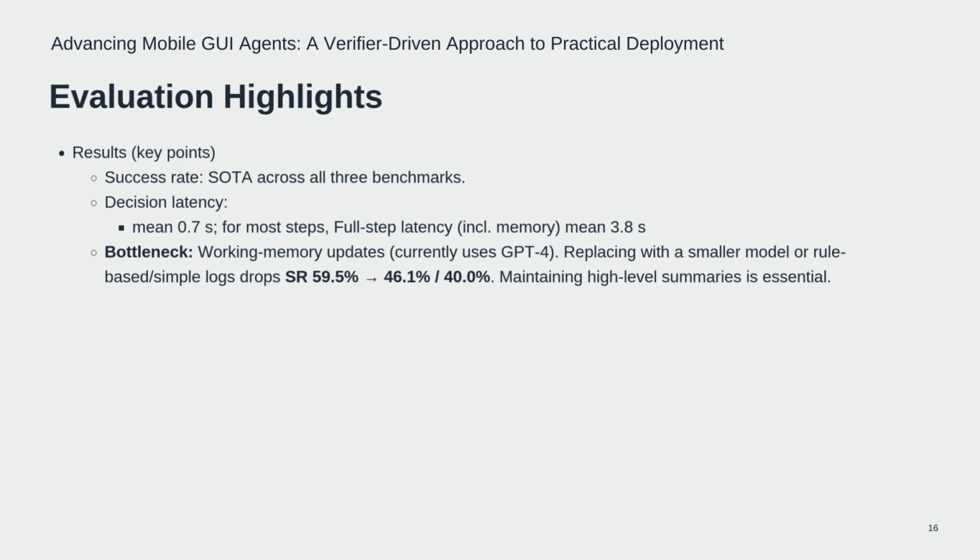This tells us that while we want to remove GPT-4 for speed, we need to replace it with something comparably effective at summarization. Maybe a fine-tuned smaller model could do it in the future. Maintaining that memory of context is essential for high performance.